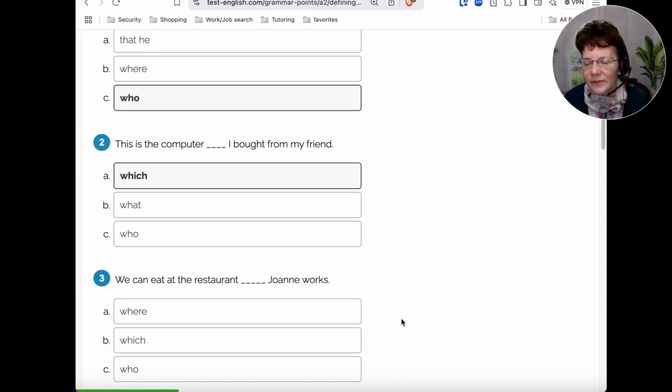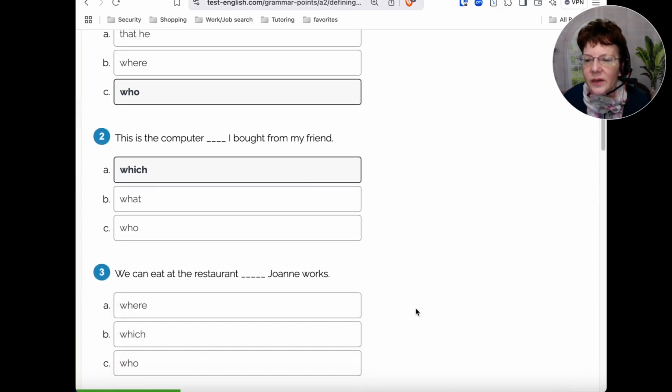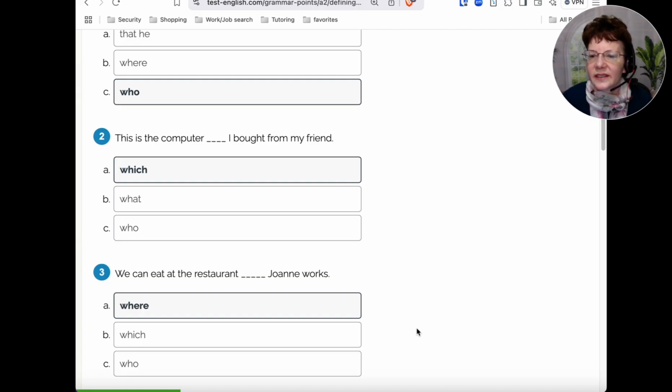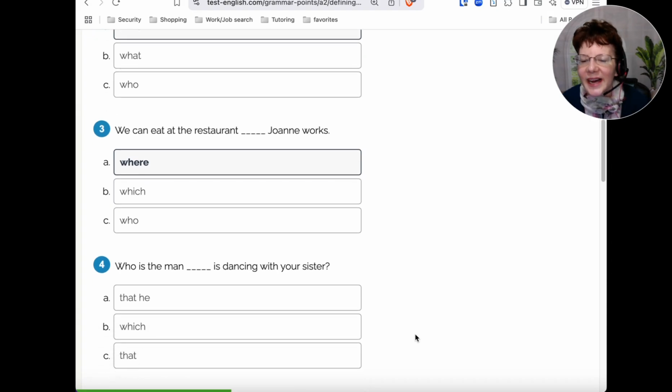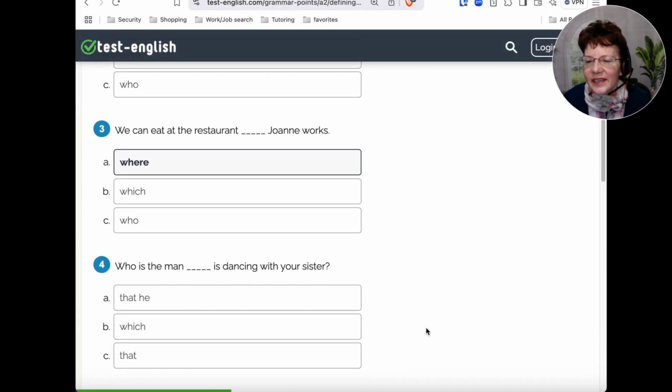Okay, number 3, we can eat at the restaurant Joanne works. So where, which, or who? It's a place, so if you remember which one is for place, if you chose option A, where, that would be correct. All right, very good. You want to try one more? Okay, number 4.